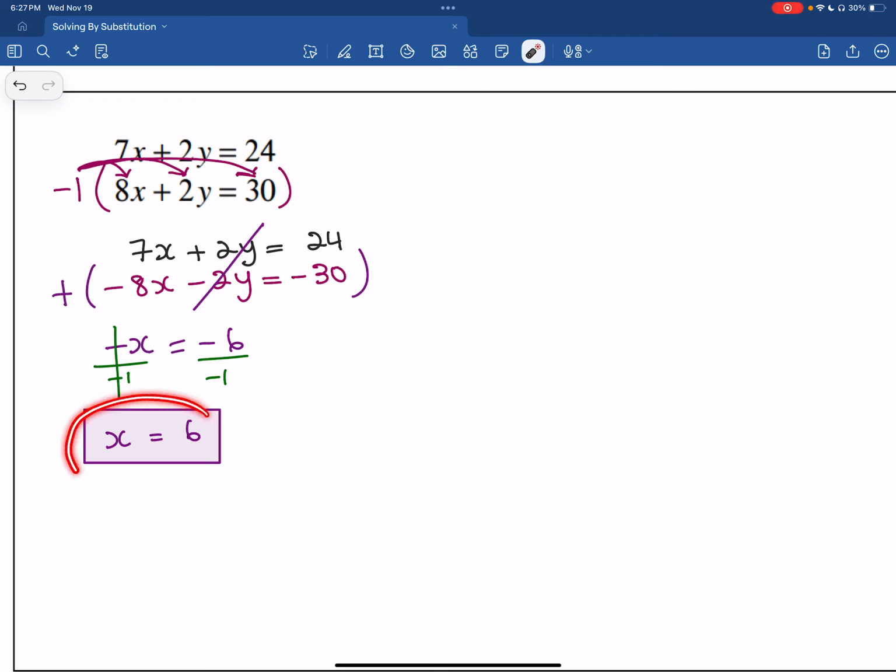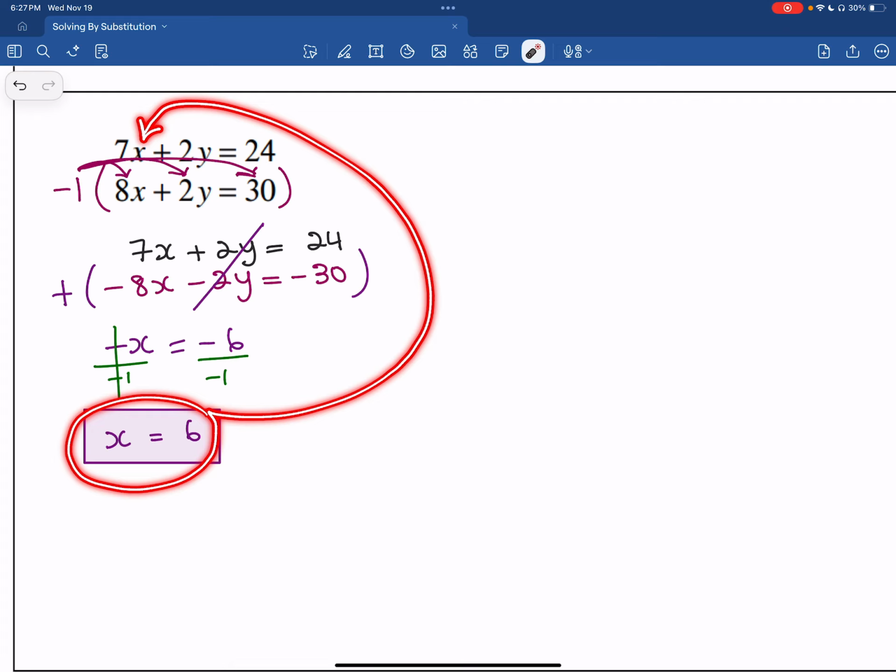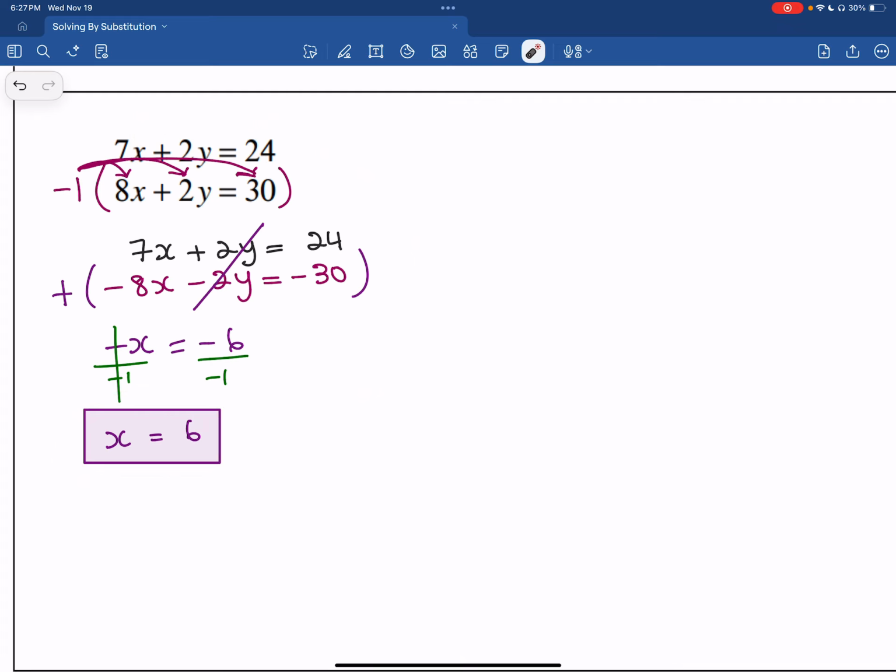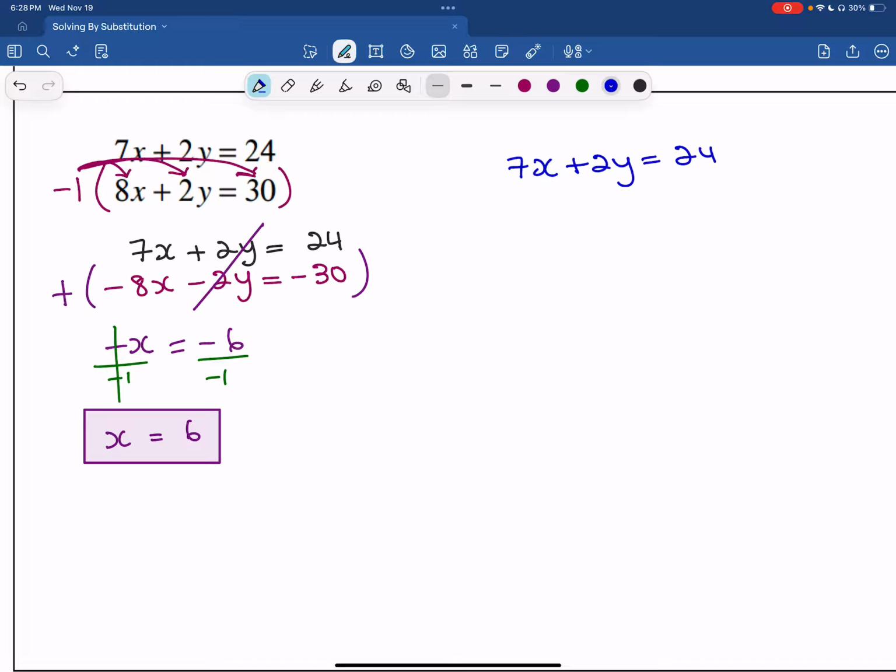Now that I know that x is equal to 6, I can just substitute that 6 back for x in one of the equations and solve for y. So using the first equation, 7x plus 2y equals 24, I know that x is 6, so I'm going to plug in 6 for x. 7 times 6 is just 42, plus 2y is equal to 24.